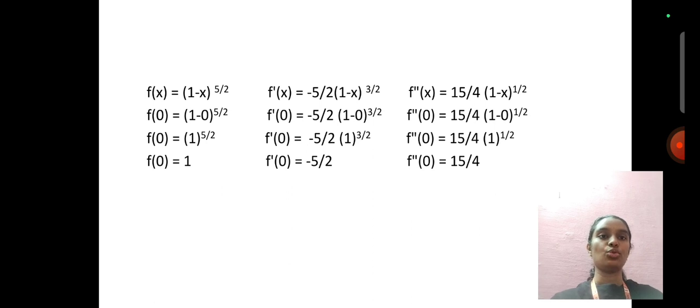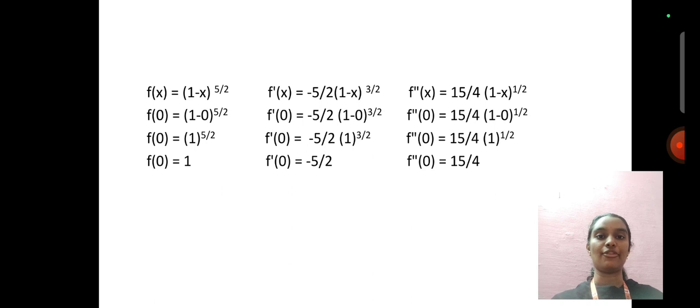Then we find f''(x). When we differentiate f'(x) we get f''(x) = 15/4 (1 - x)^(1/2). f''(0) = 15/4 (1 - 0)^(1/2). Putting x = 0, we get 15/4 times 1^(1/2), so f''(0) = 15/4.